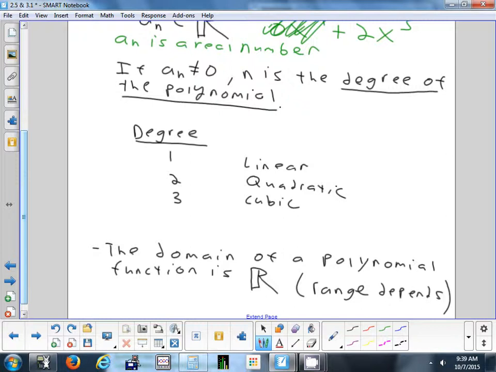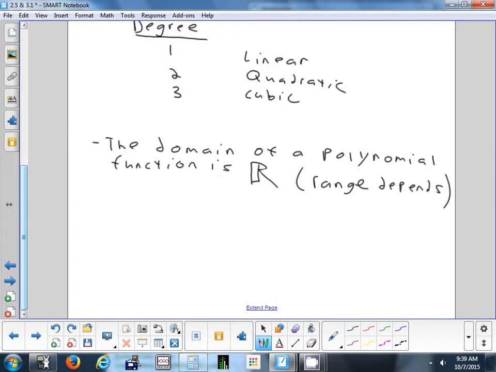Okay. The nice thing about a polynomial is the domain for every single problem is all real numbers. Reason, if you take a polynomial, in a polynomial, all you're doing with a number is plugging it in and raising it to a power.